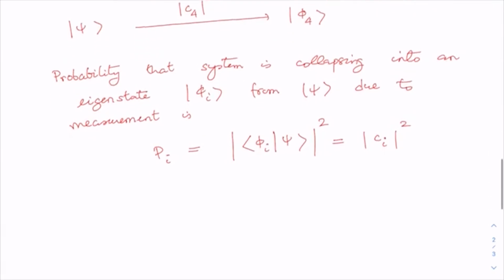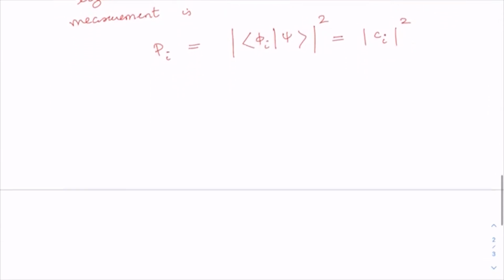Another important postulate of quantum mechanics states that for every physically observable quantity in classical mechanics, there is a corresponding operator in quantum mechanics. For example, for position q in classical mechanics, we have the position operator q cap in quantum mechanics.